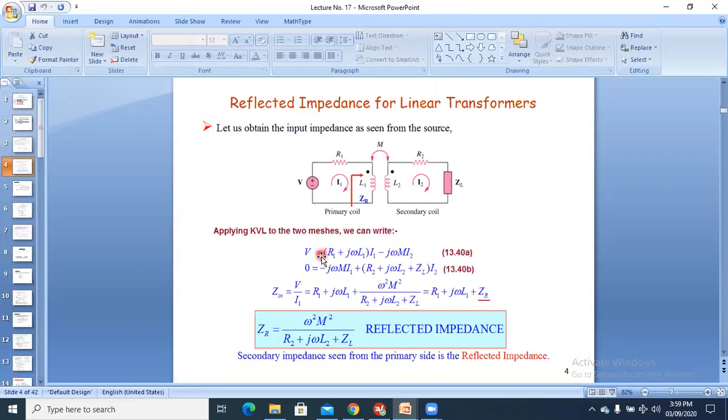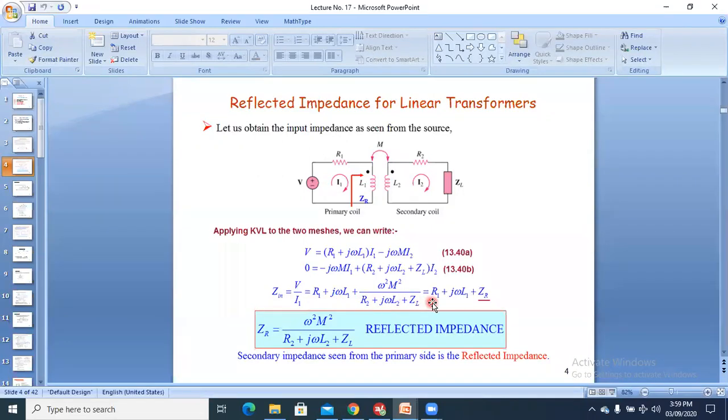So for this, we can see that this is the input impedance of the network. The input impedance of the network is what the primary network faces, or we can split it into two parts.